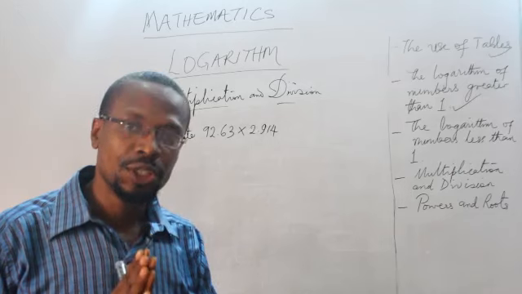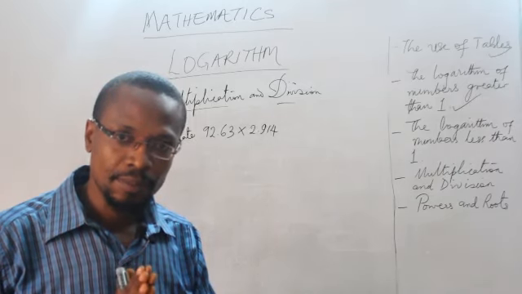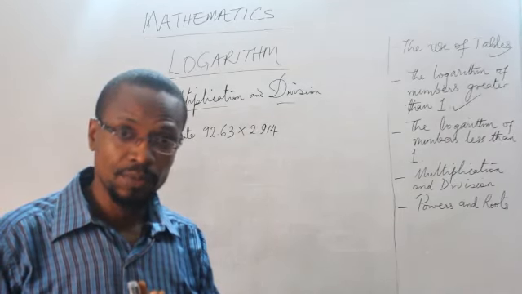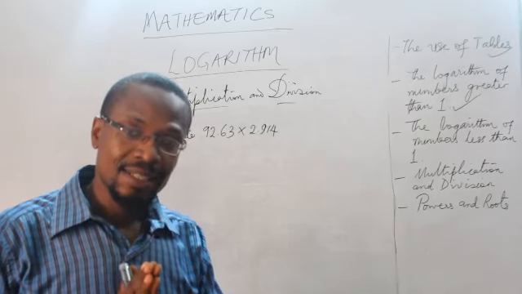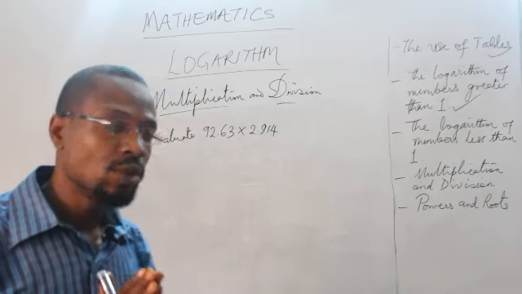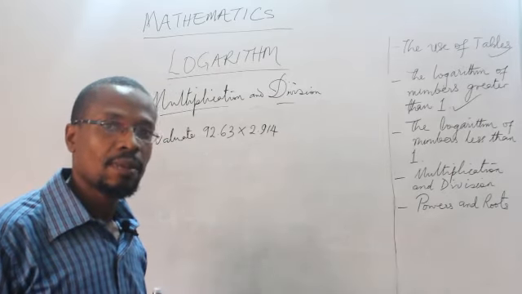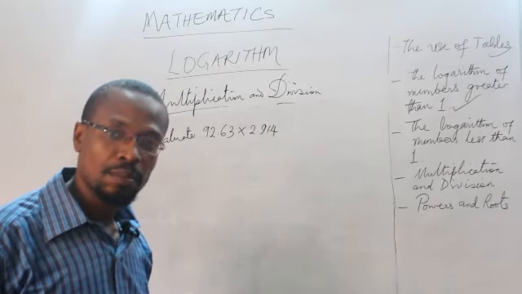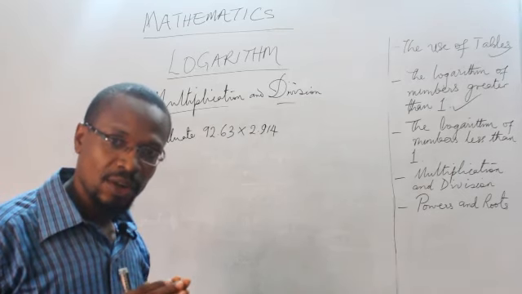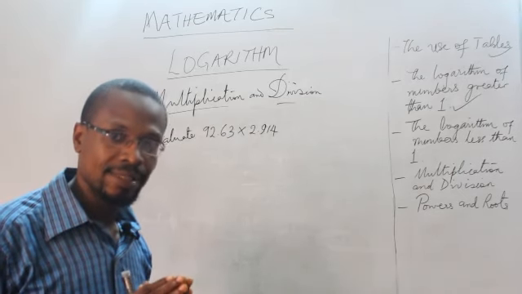In division, we subtract. Very simple rule. You're asked to evaluate 2 numbers by multiplying them: get their logarithms, add.